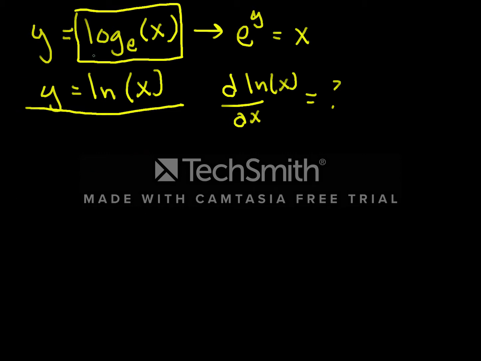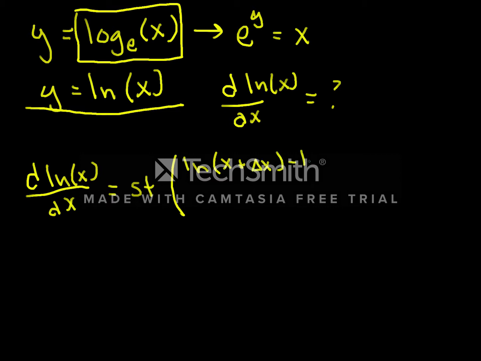So we know that the differential of the natural log of x with respect to x has got to be the standard part of natural log of x plus delta x minus the natural log of x, divided by delta x.